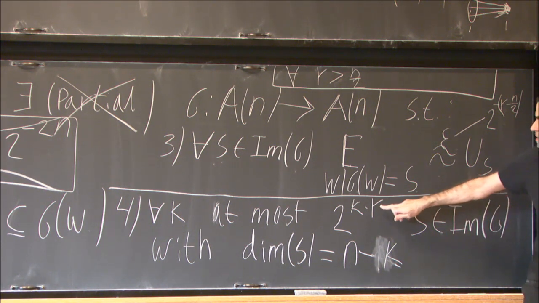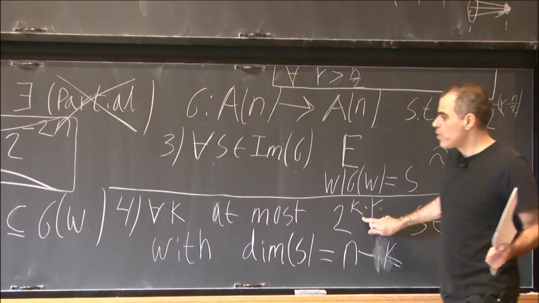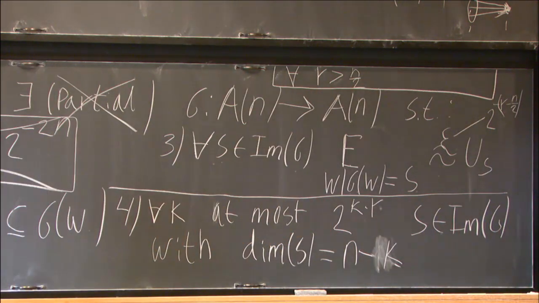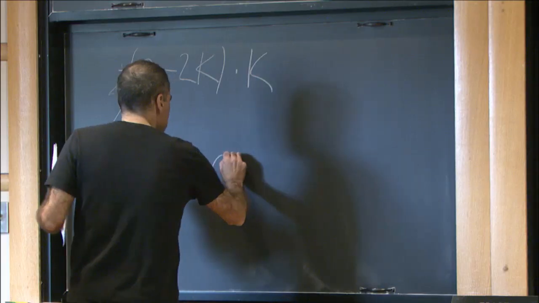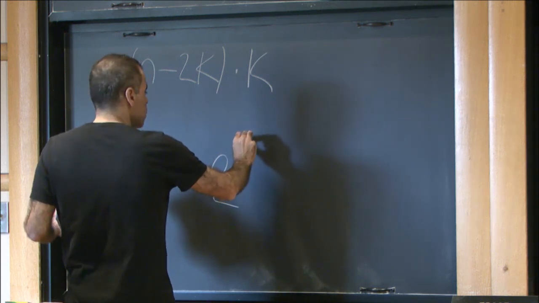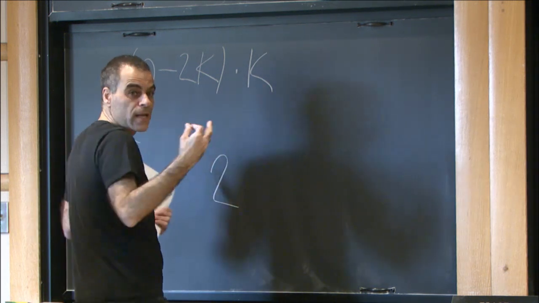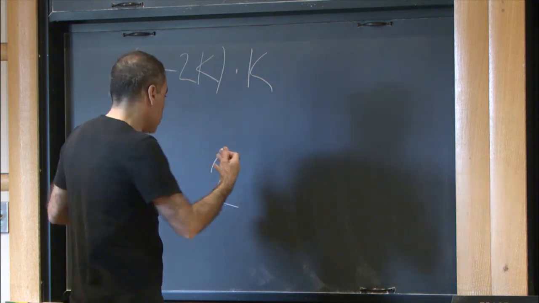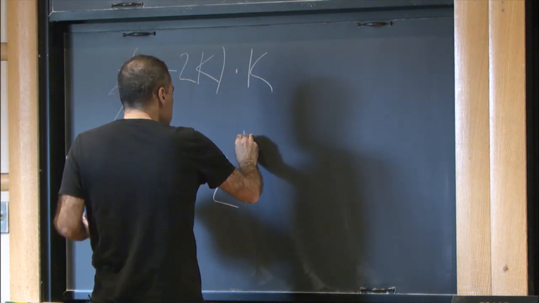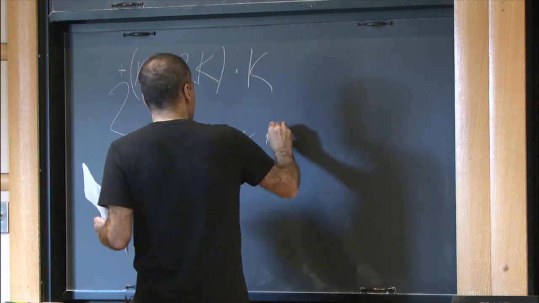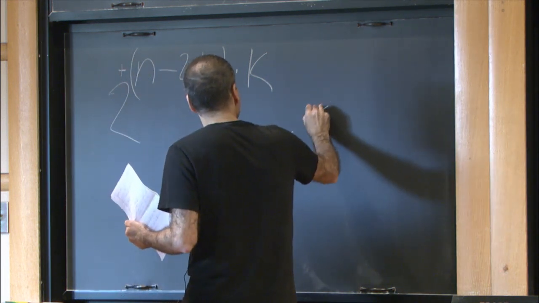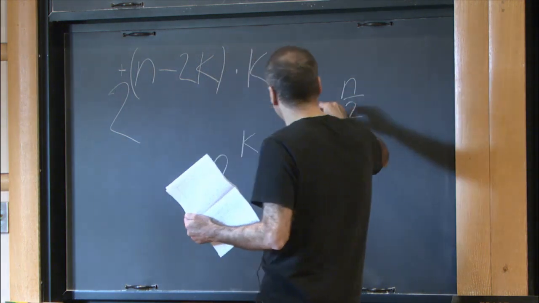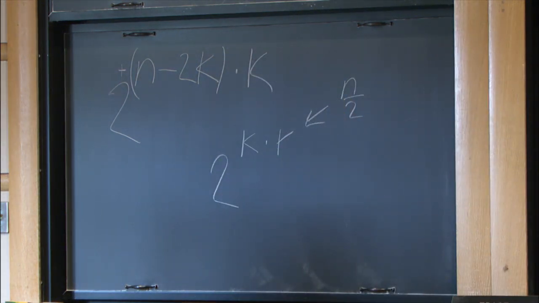So think of R as close to n over 2. We get here that the number of subspaces EV, where EV is of dimension k, is 2 to the k times R, where R is roughly n over 2, or n times half plus epsilon.